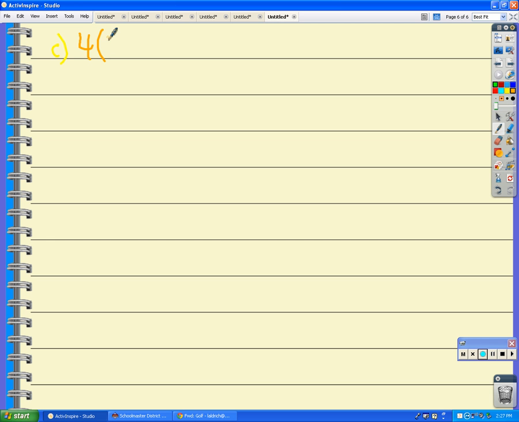Okay, so let's take this, 4 times 3 plus n minus 2, and now we're going to evaluate this for n equals 0, 1, and 2. How many answers am I going to have to this problem? 3.